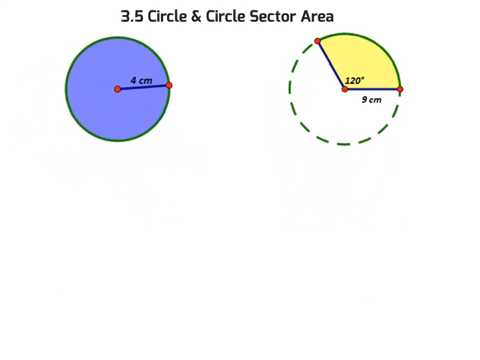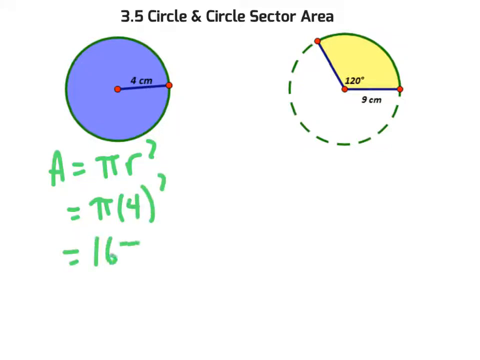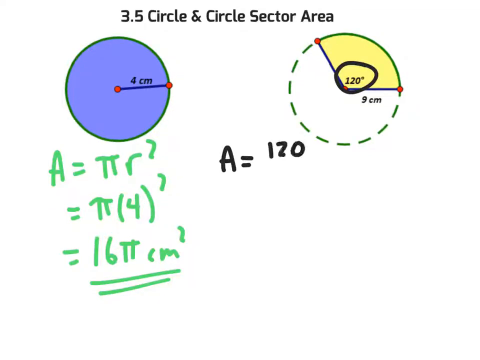So this first one is just a full circle, so it's simple, isn't it? It's just pi r squared. Our guy is a 4, which is the radius squared. And we just say 16 pi centimeters squared. Yes, you can turn that into a decimal, but no need to. Here, I want you to notice that I do not have a full circle, but I have 120 out of 360 pi r squared.